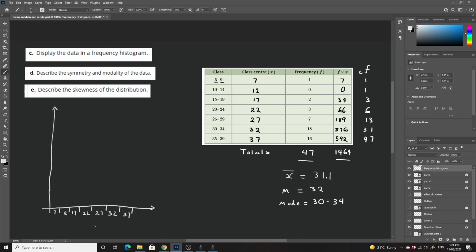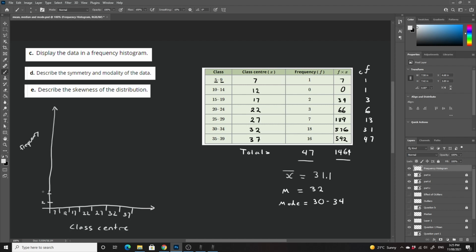Now if you were doing this and writing class center, because we have to label, if you were doing this for a test or an exam, we would expect that you actually drew these with a ruler and labeled everything correctly, and it was not looking as wonky as this, but this just illustrates the idea. Just make sure you're scaling everything correctly as well.